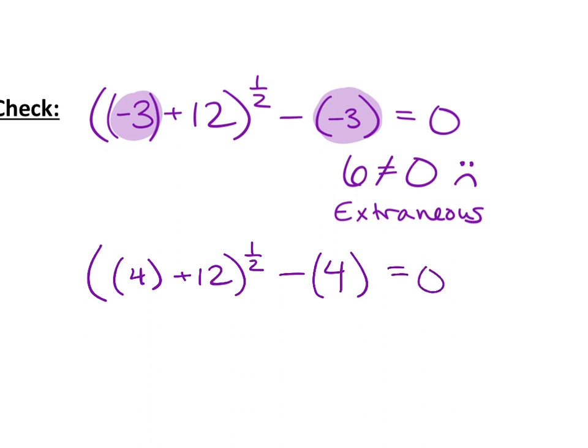I'm going to go ahead and put everything in parentheses for good measure. Anywhere there was an x, this time I put a 4. And when we type that one in, what do you get? Yeah, on that one we do get 0, which is great because 0 is equal to 0. Hooray, we can leave that one as a solution.